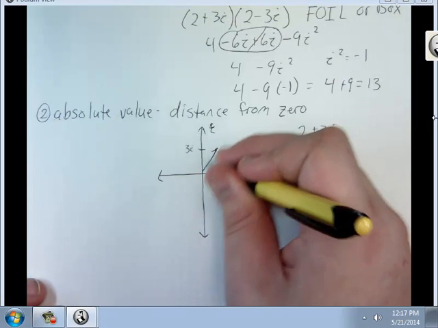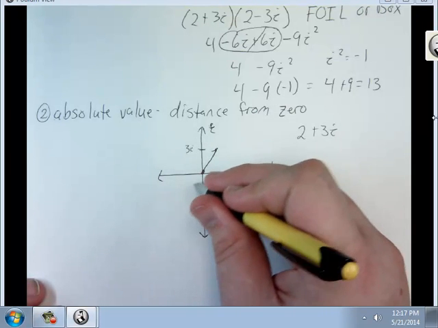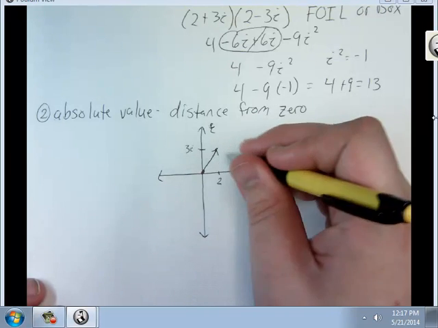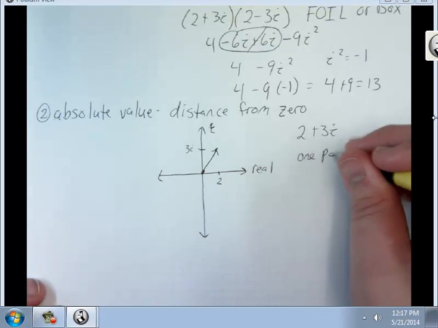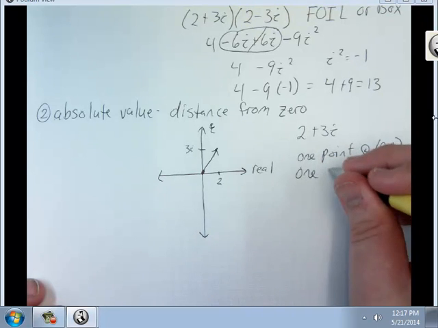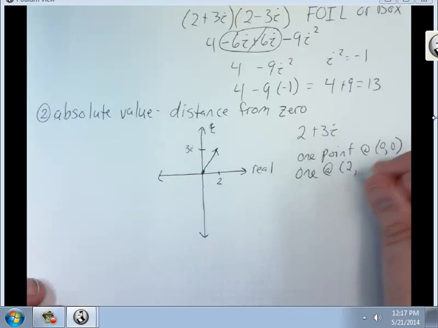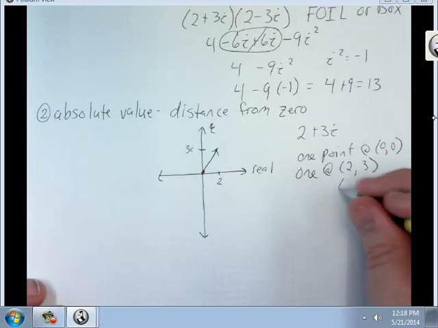Notice how one point is at the origin, one point at 0, 0, one at 2, 3. Or technically we're doing 2, 3i.